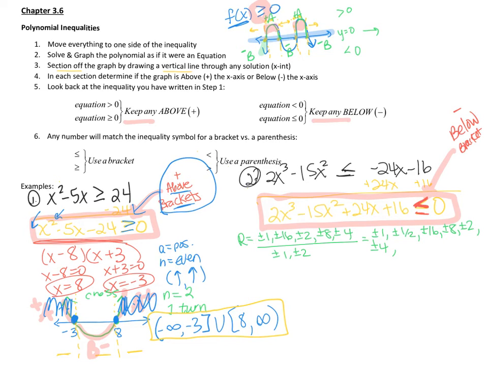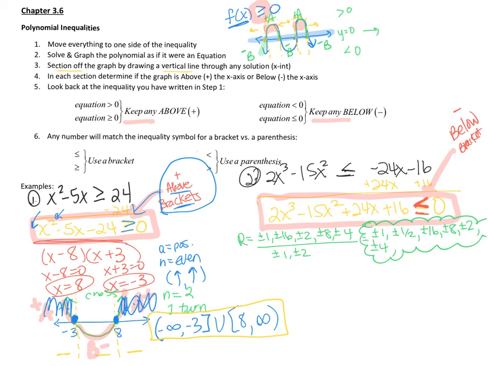Remember, all I'm doing is taking each value and dividing it. So these would be my numbers that I'm going to go to the calculator and plug in. I can use synthetic division, whatever you want to do.